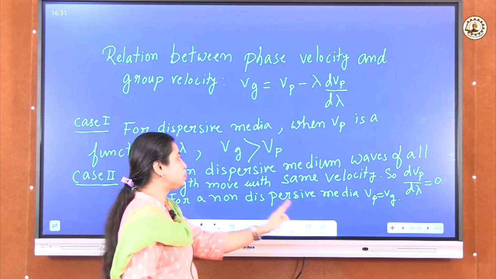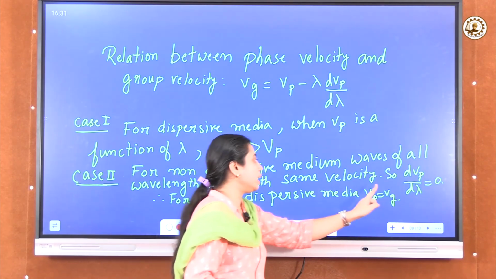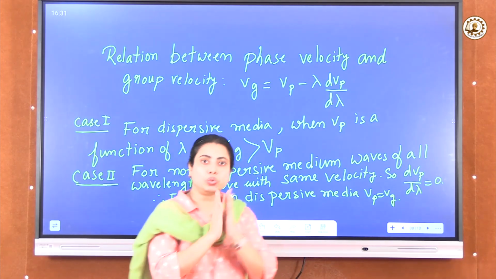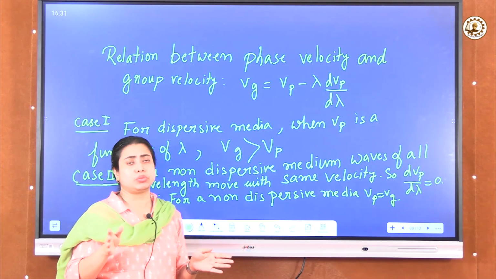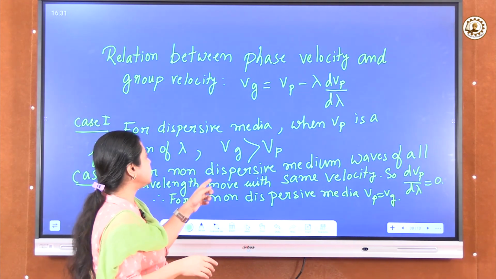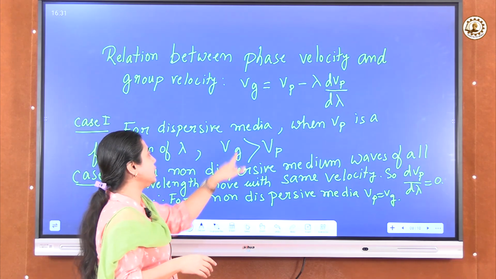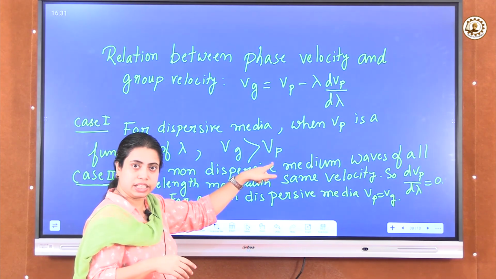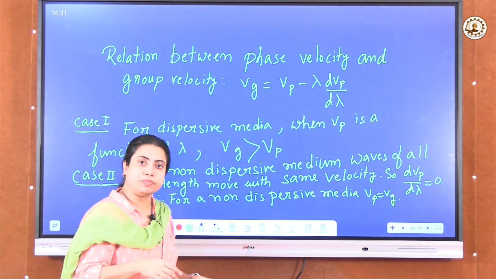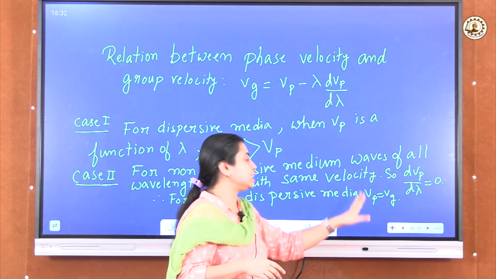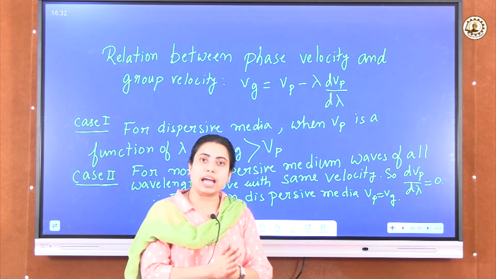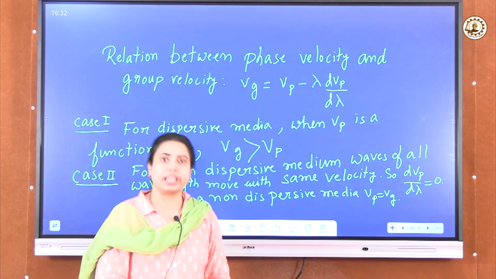So two relations we have to remember. For a dispersive media, group velocity is greater than phase velocity. For a non-dispersive media, phase velocity and group velocity are equal.